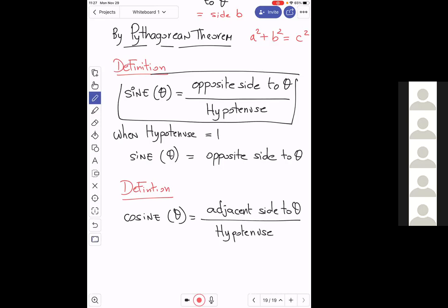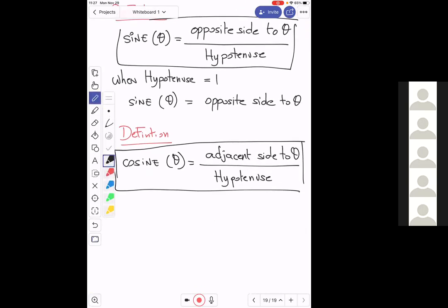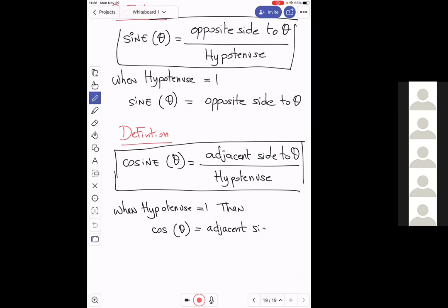And if the length of the hypotenuse is 1, that's just the adjacent side over 1, so when the hypotenuse is 1, cosine of theta is just equal to the adjacent side.